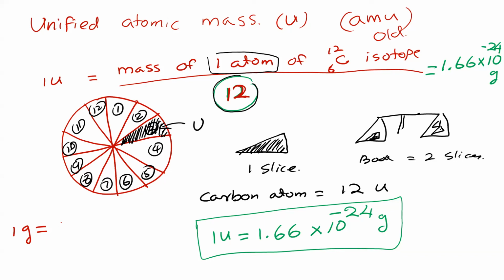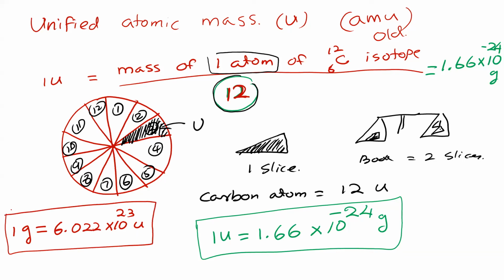What is the Avogadro number? That is 6.022 times 10 to the power 23 U. That means like having an Avogadro number of pizza slices is considered as another unit. So when you have an Avogadro number of unified atomic masses, that is considered as 1 gram.